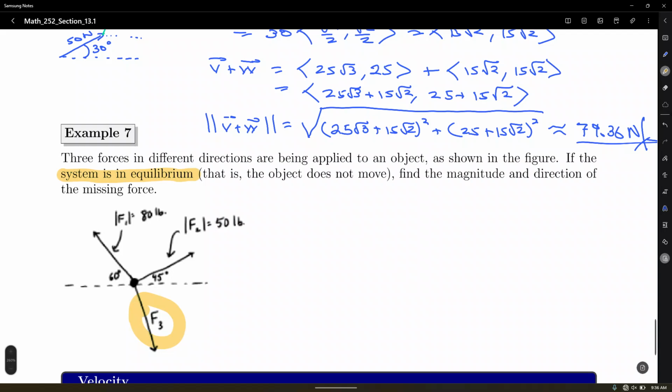Number one, let's represent each of the forces with the given information as standalone vectors first. That is F1. These are not unit vectors, right? These are vectors with magnitude 80 and magnitude 50. So for force 1, this will be 80 cosine of blank, comma, sine of blank.